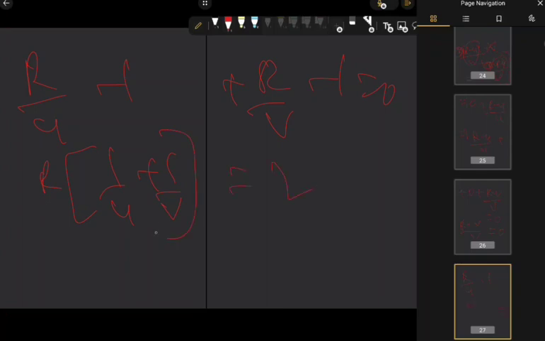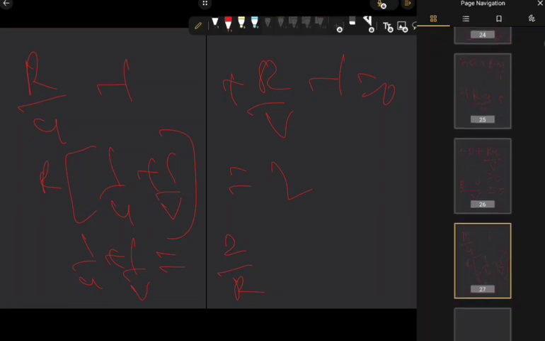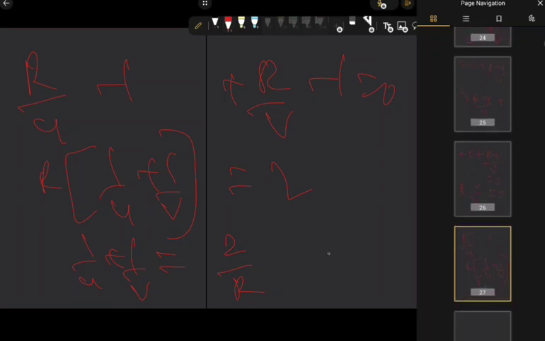Finally, 1 upon u plus 1 upon v is equal to 2 by r. All these are simple mathematical manipulations. Now f is equal to r by 2, you know this very well. So substitute here, it will be equal to 1 by f.